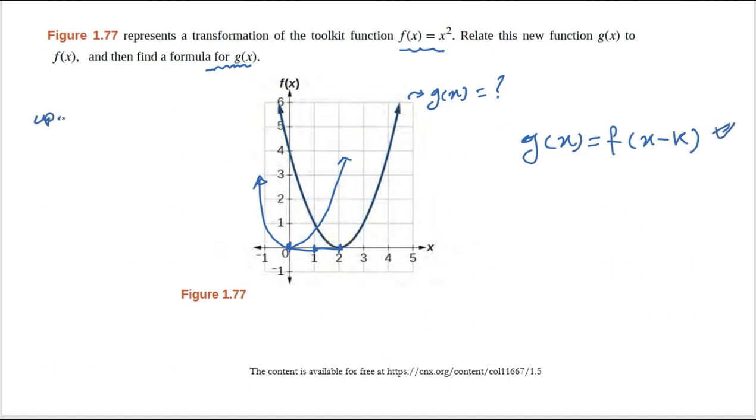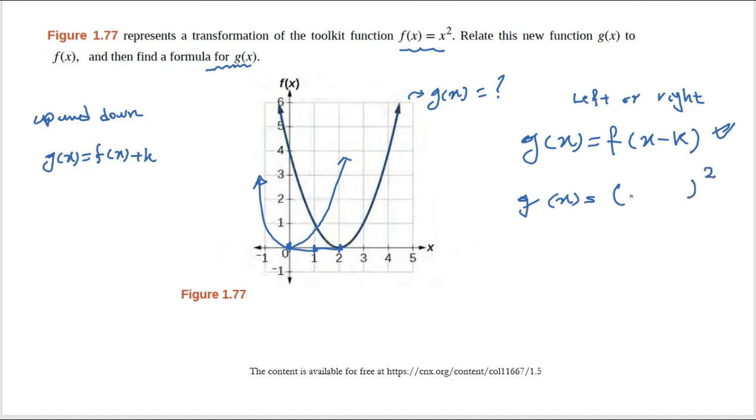When it's up and down, then g of x would be f of x plus k. So g of x is equal to x squared; here we have x minus k. K is 2, a positive number, so x minus 2. That's the equation.